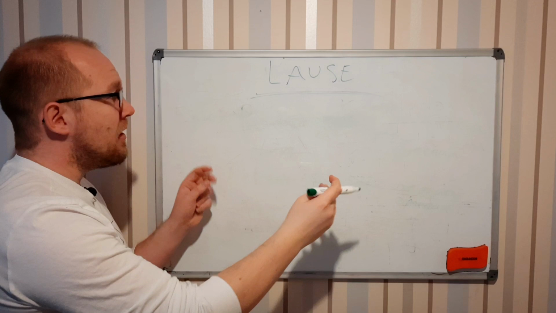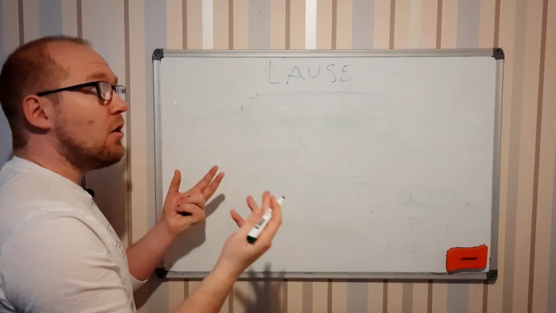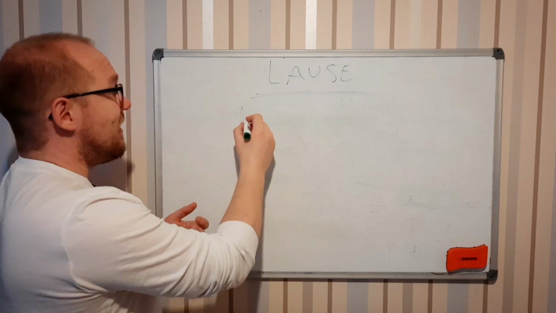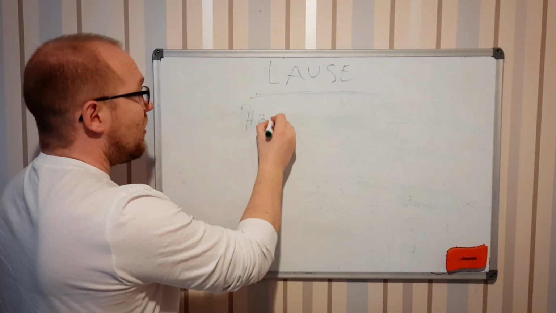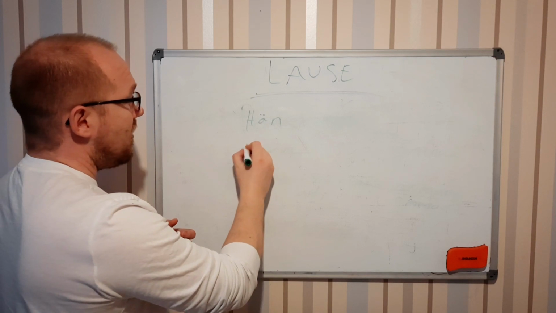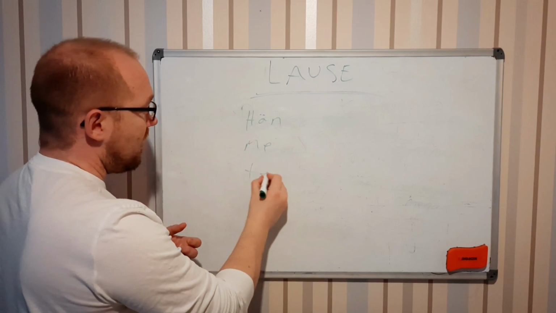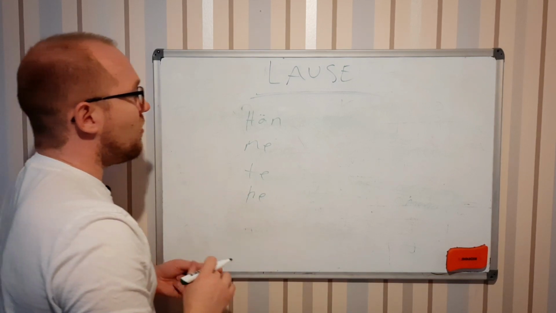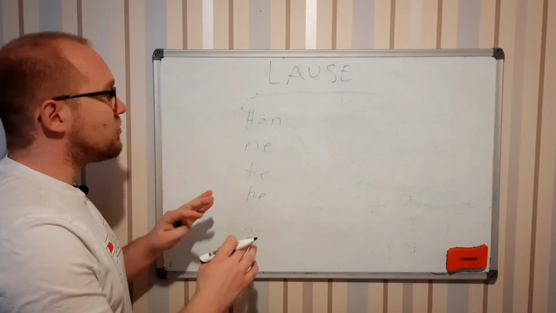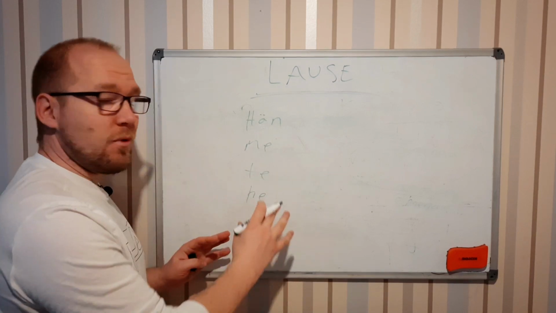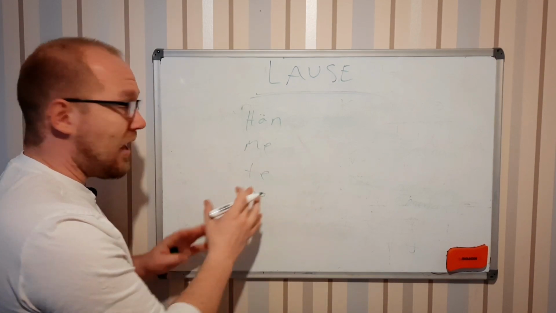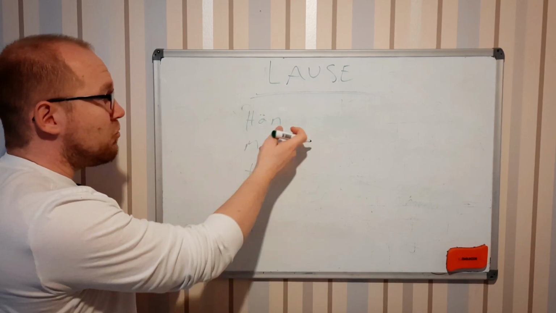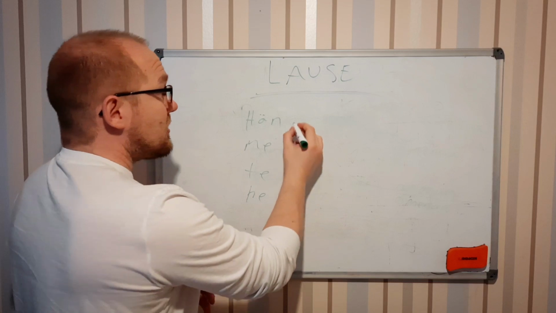So we think, okay, we have a somebody there, hän, or we have me, or we have te, or he. So now we have to start thinking about what they have done or what they are doing. We can put like hän tanssii.